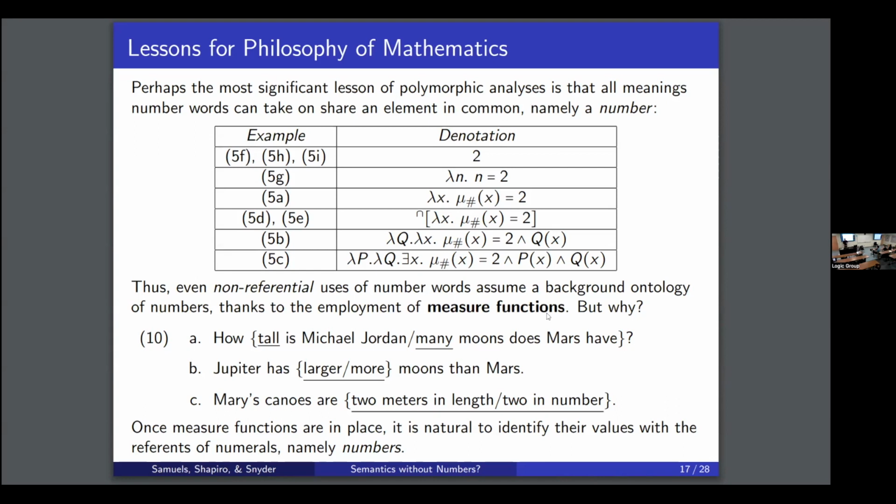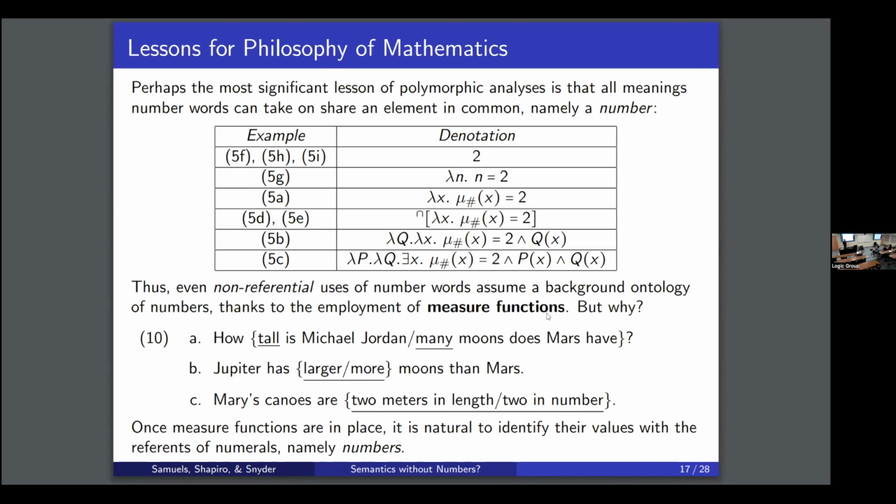So if you think that measure phrases in general need to invoke measure functions, as far as I know, every semanticist thinks that. There are different views about what measure functions do, but regardless, I think everyone thinks that. And you're also going to think that non-referential uses of numerical adjectives also involve measure functions, and thus functions from entities to numbers.